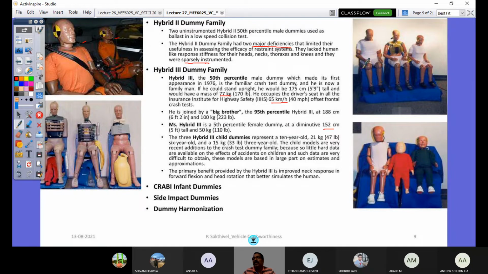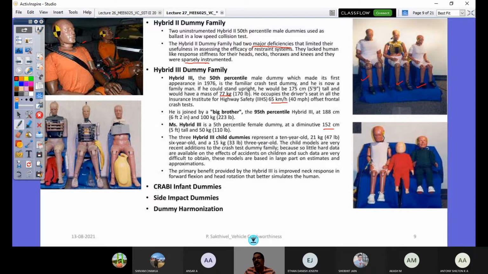So you could see here this first family, his big brother, and he is the 50th percentile Hybrid III dummy, and then Miss Hybrid fifth percentile female dummy, and this is that family. Then you could see the Hybrid III child dummies representing a 10-year-old 21 kg, 6-year-old 15 kg, and 3-year-old dummies here.